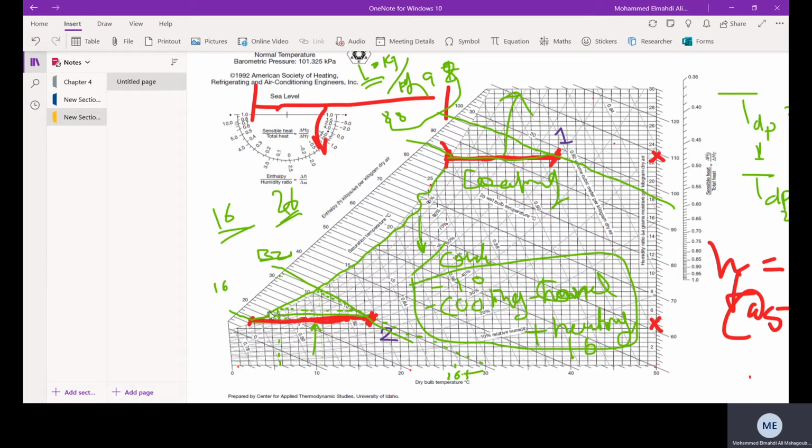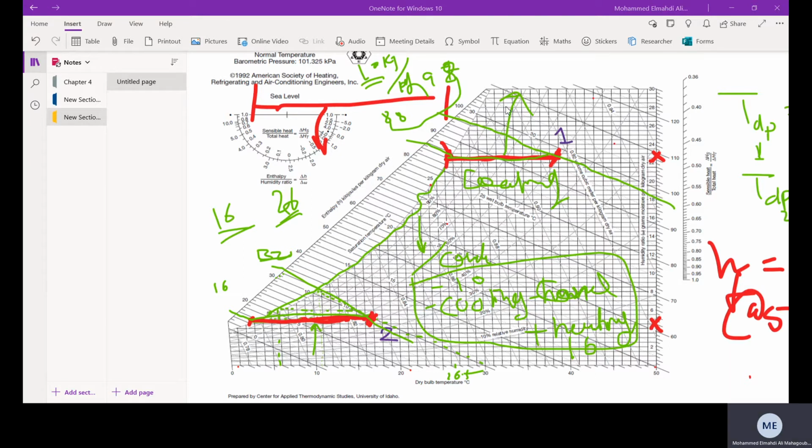So the saturation temperature at 5 degrees, you can get it from the tables. I will get it here online. So the saturation temperature at 5 Celsius, or not the saturation temperature, the saturated water enthalpy.